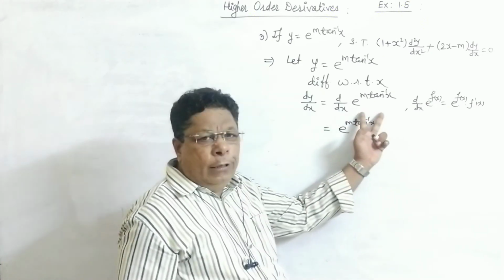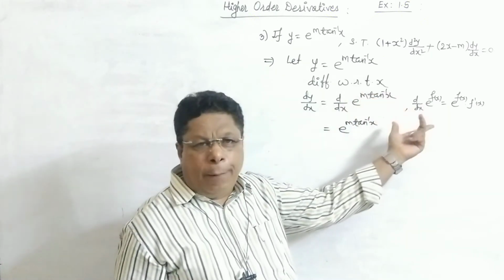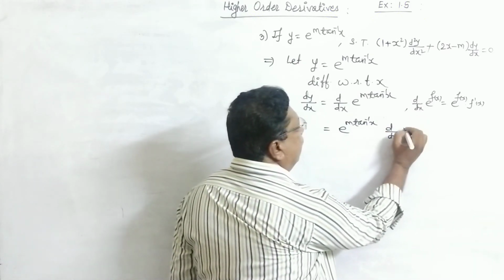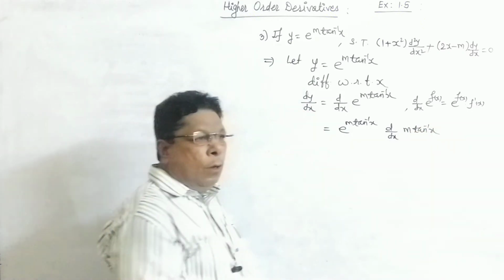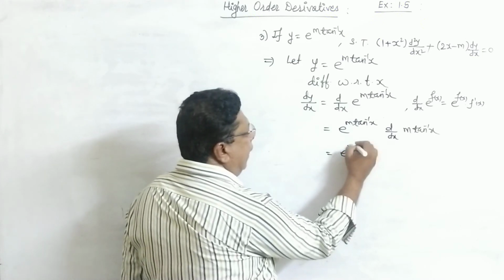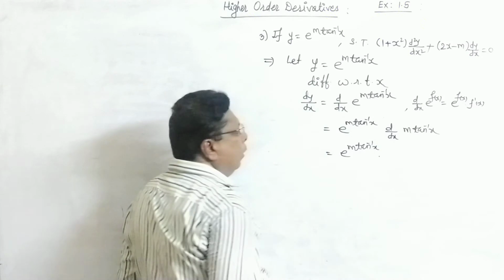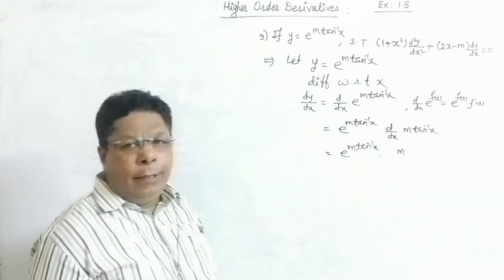Derivative of the exponential function is the exponential function into the derivative of its power, into d by dx of m tan inverse x. Okay. e power m tan inverse x into m, as m is a multiple of the function, so keep m outside.